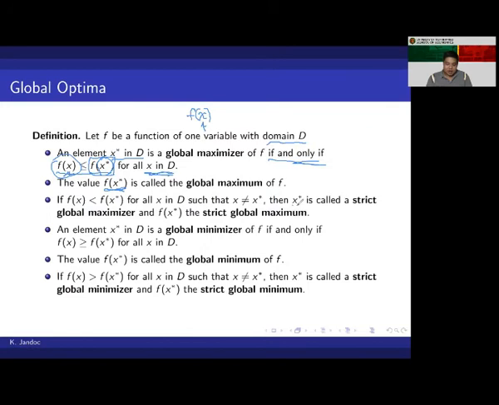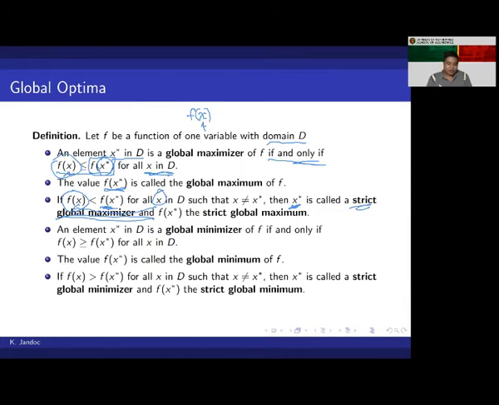And x star is called the strict global maximizer when you find other values of x in the domain, you plug x in the function, and it will yield values f of x that will be strictly lower than when you plug in x star in the function f.